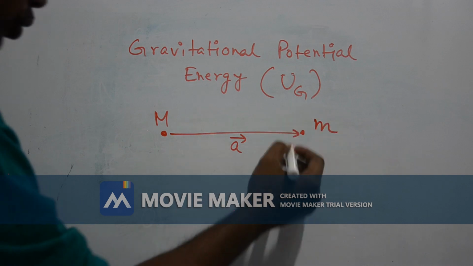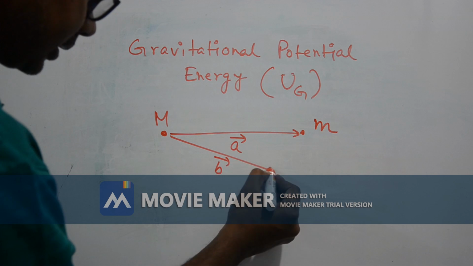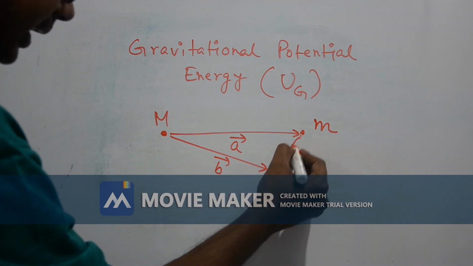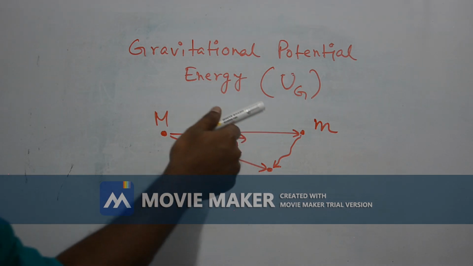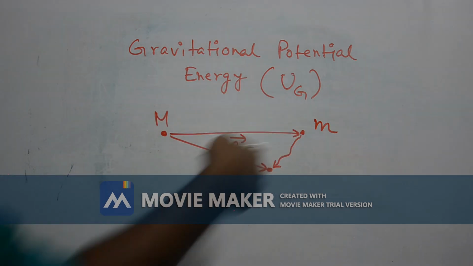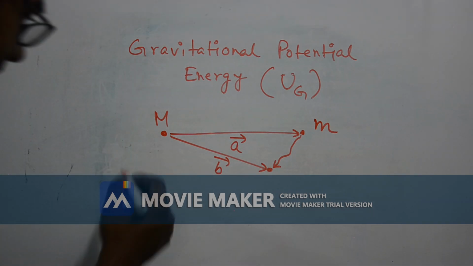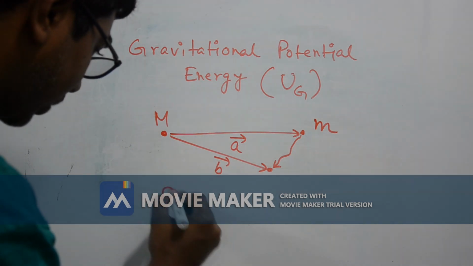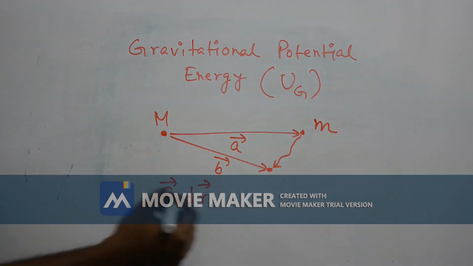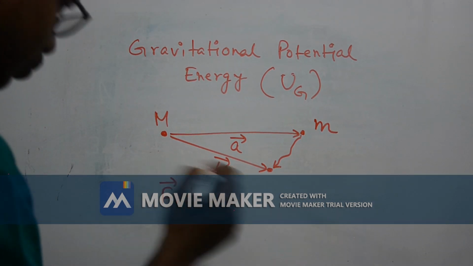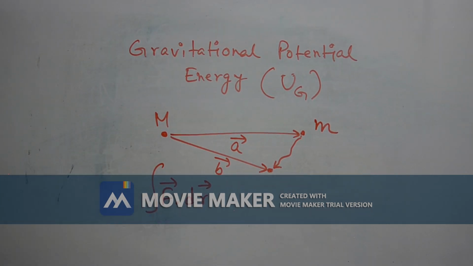Now if we take this particle from position A to another position B, somewhere here, naturally the force of attraction has to do some work, that we know already. Work done is always calculated as F dot dr for an infinitesimal displacement dr, and for a longer length we just do the line integral over that.